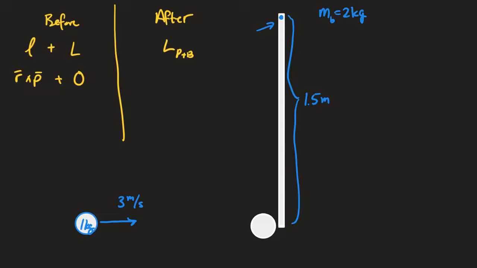So right when it's here, that instant that it strikes, it will have the same angular momentum. So I will convert R cross P to R perpendicular times MV. Everybody follow along with that okay?